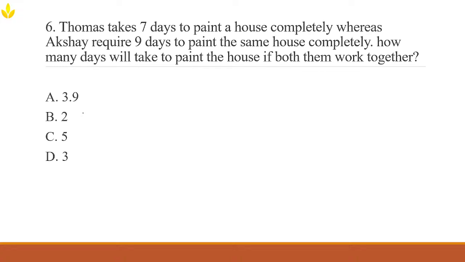Thomas takes 7 days to paint a house completely, whereas Akshay requires 9 days to paint the same house completely. How many days will it take to paint the house if they both work together? It is the same as the previous sum. Thomas takes 7 days, so in one day, Thomas can complete 1/7 of the work.